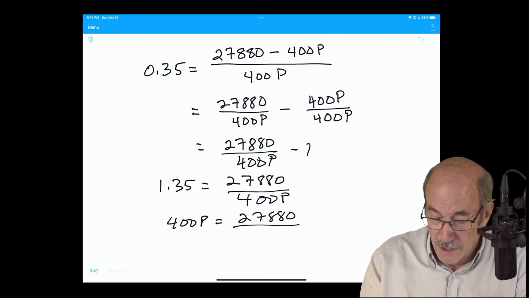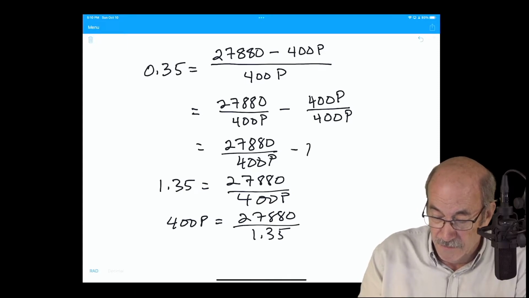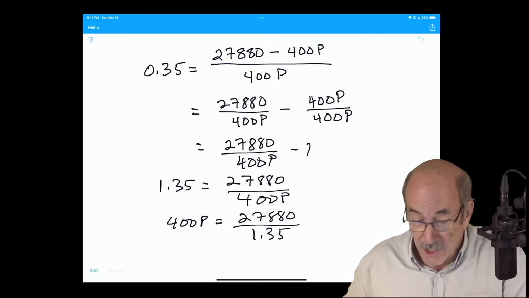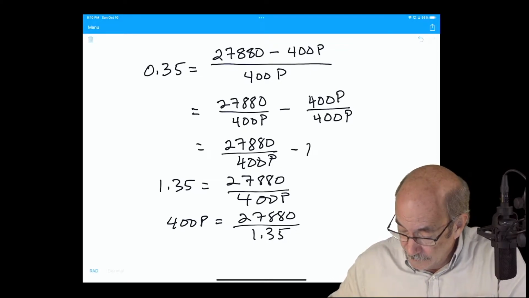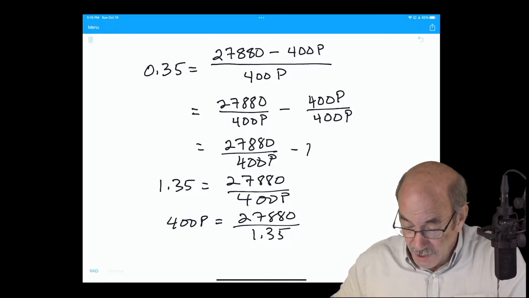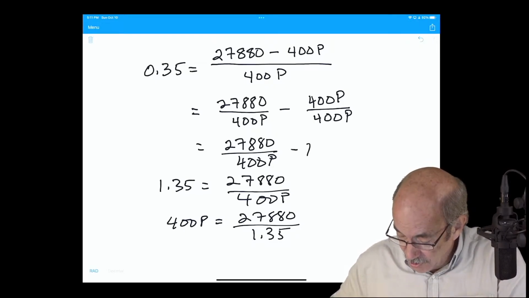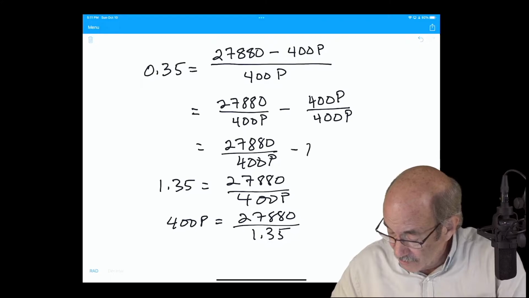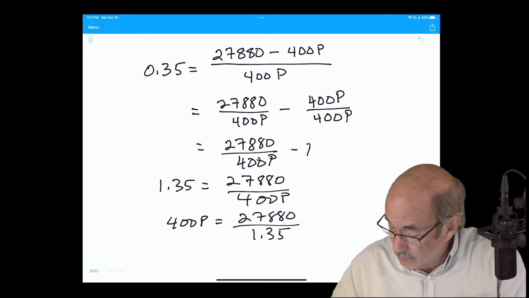880, and that is 1.35. Now I can do that division on the right-hand side. 27,880 divided by 1.35 is, I get 20,651.85.